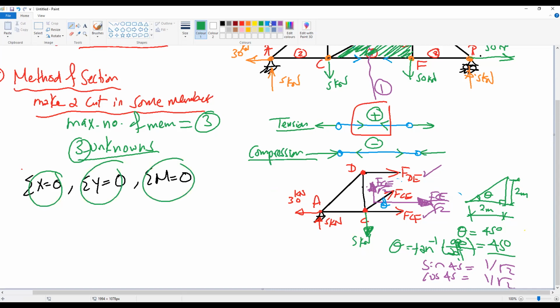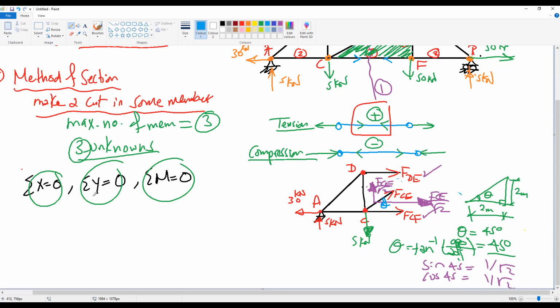If we use summation x equal to 0, how many forces in x? Yes, if we use x, we have 30 kilonewton, FCE divided by root 2, and FDE and FCF. So we have 3 unknowns.